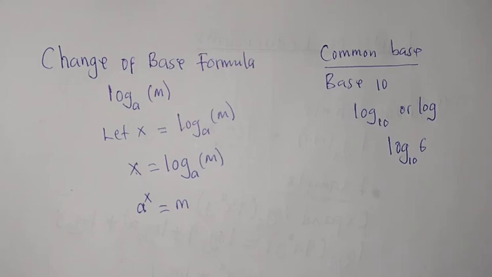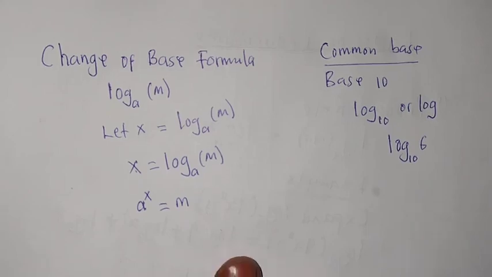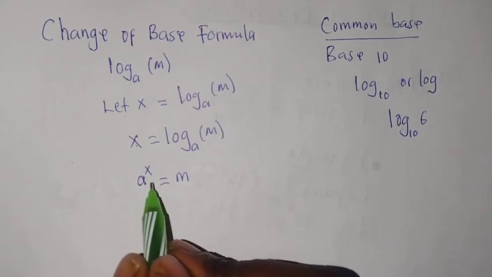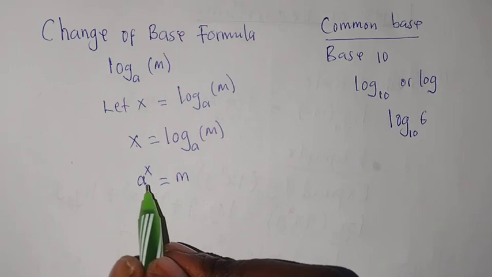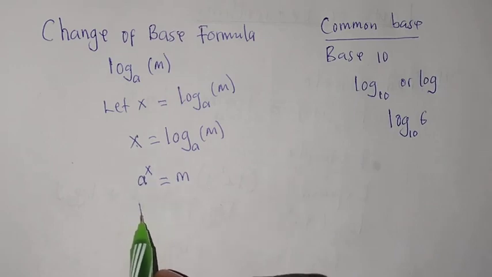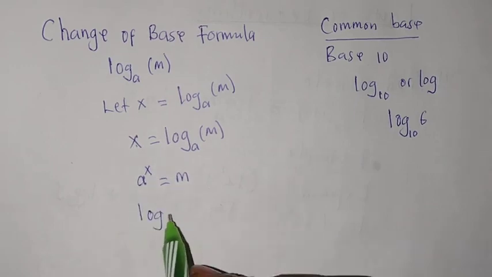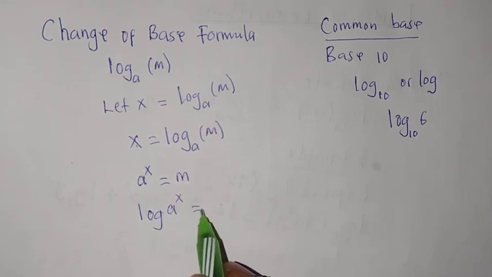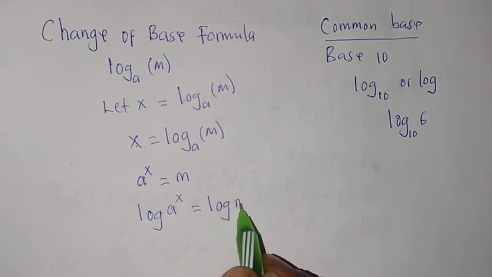Then from here, you can apply the power rule, where you introduce the common base, which is base 10. So we introduce the common log like this, log A to the X equal to, again here, log M.